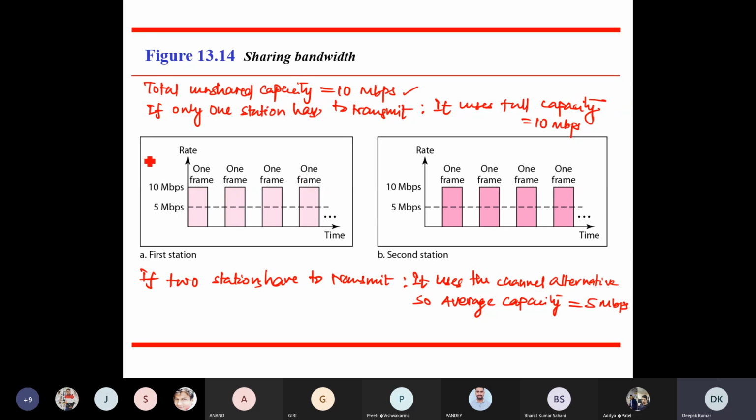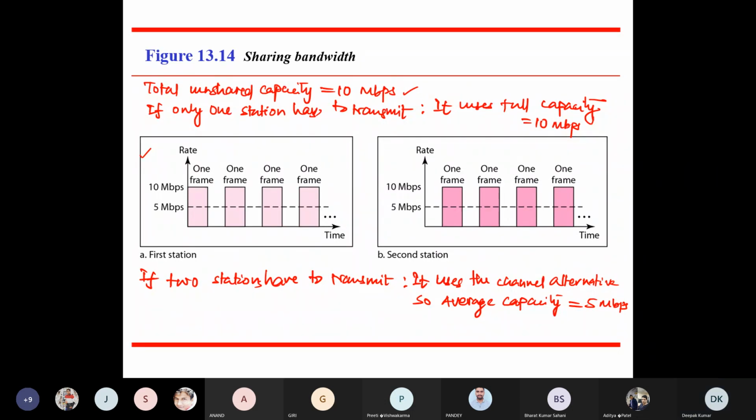So that one station can certainly utilize the full available resource. No need to distribute among others. The full 10 Mbps can be utilized by that particular node.